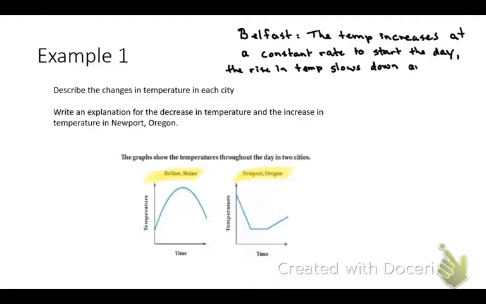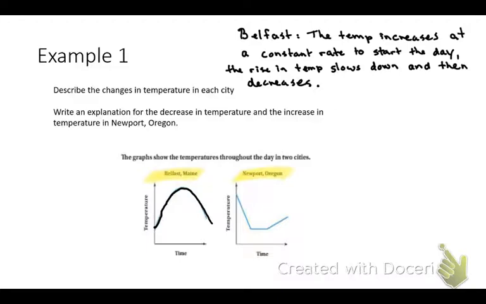And then declines or decreases. So all I'm doing is just describing what's happening on this line. Okay? It increased, then it kind of started to level off, and then it decreased. And isn't that how it should normally happen in a normal day, right? When you first wake up, it's cold, then it warms up. Then around 3, 4 o'clock, the temperatures kind of level off, and then they start to decline when it gets nighttime again.